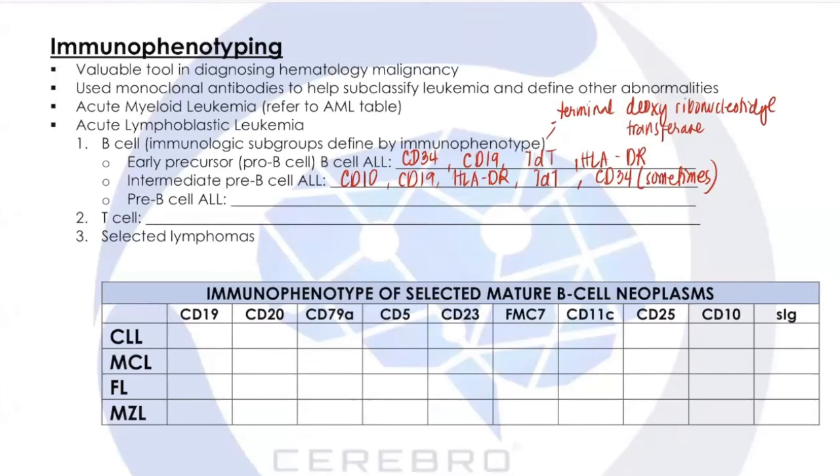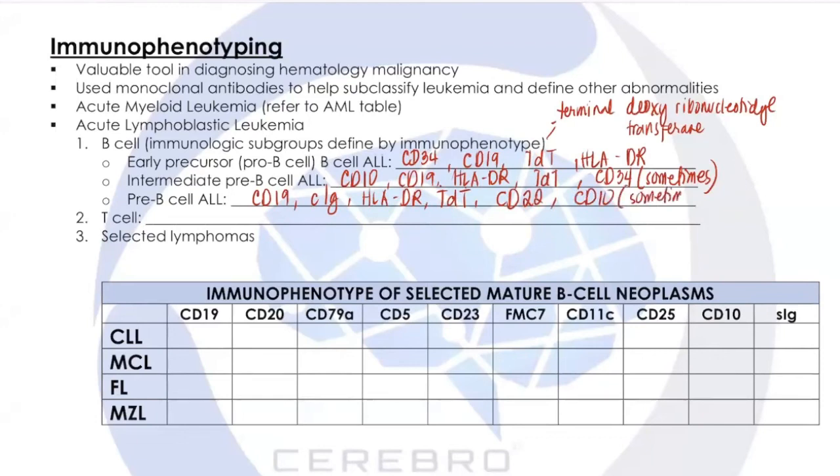Next, for the pre-B cell ALL, okay, we have CD19, okay? We have cytoplasmic immunoglobulins, okay? We have HLA-DR, we have TDT, we have CD22, and sometimes pwede tayong makakita ng CD10.